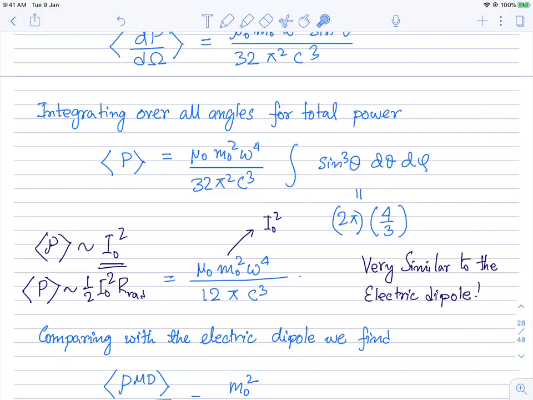So it is as if some amount of work needs to be done by the agency that is driving the current, and that amount of energy is radiated away. That loss of energy can be thought of as overcoming some effective resistance.